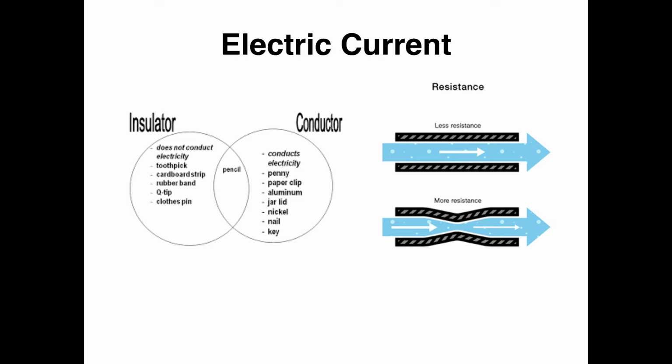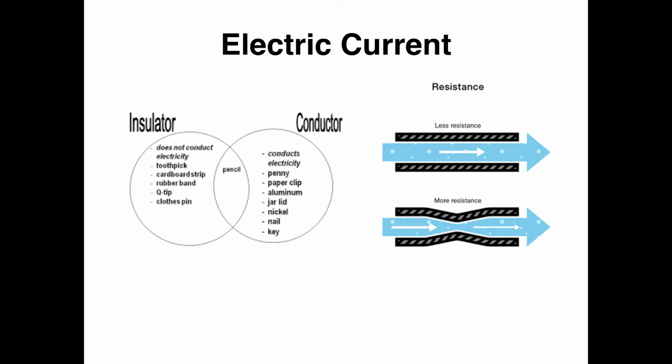Now, when you think about the resistance to flow of electricity, think about it in terms of the fluid again. If you have a crimp in your pipe, then the flow of fluid through that crimp slows down. And so it will impact the flow of material. If you release the crimp, then there's less resistance and the flow will increase.